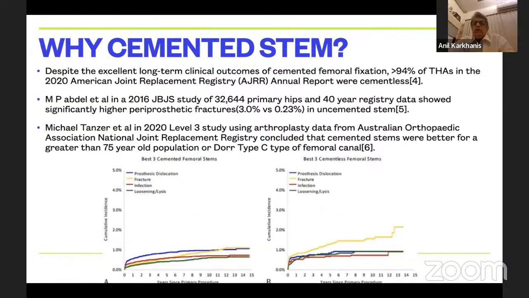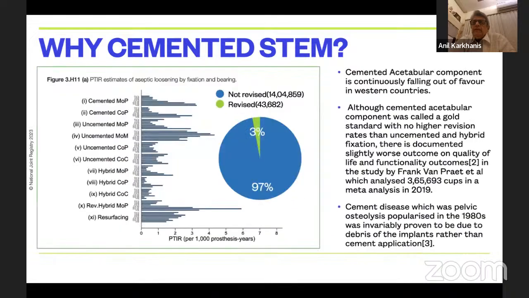So hybrid meaning what? Cemented stem and non-cemented acetabulum? Yes, sir. No, sir, the 97% and the 3% is the total amount of total hip arthroplasties in all the 20 years. Out of all the revisions, the revision rates were calculated, and it had the least amount of revision rates.